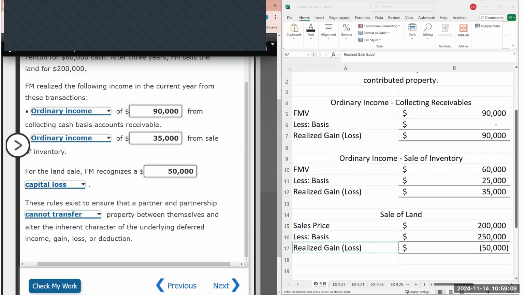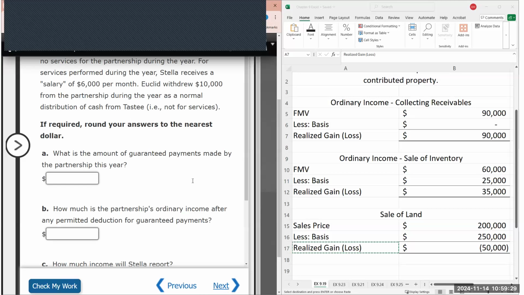As we know, Uncle Sam don't play that. So they definitely want to make sure that the contributed property, they're not essentially taking advantage of it and altering the underlying character of the deferred income, gain, loss, or deduction. So we move on to the next question.